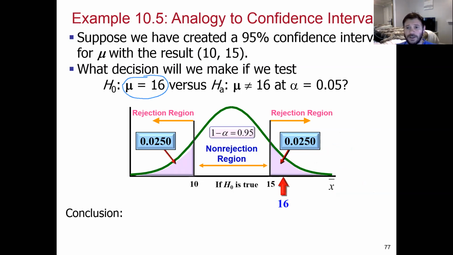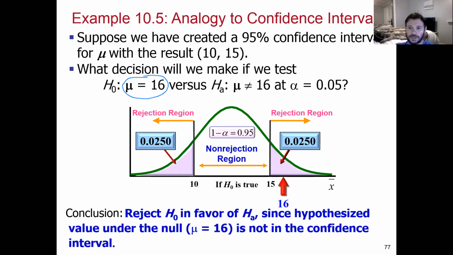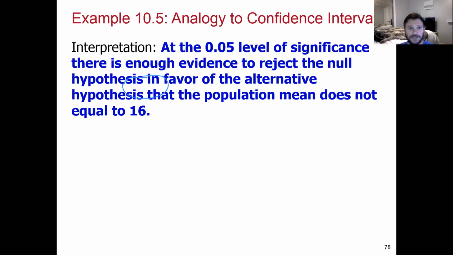So in this situation, we would be able to reject the null in favor of the alternative, since the value under the null is not in the confidence interval that we've constructed around our sample mean. So the conclusion is we would reject the null hypothesis in favor of the alternative at that 5% level of significance.